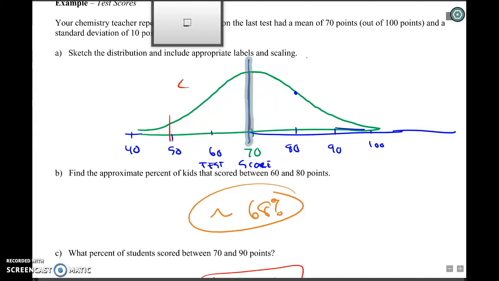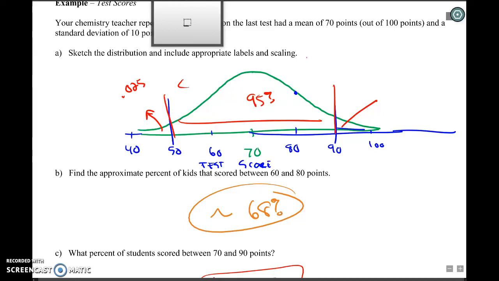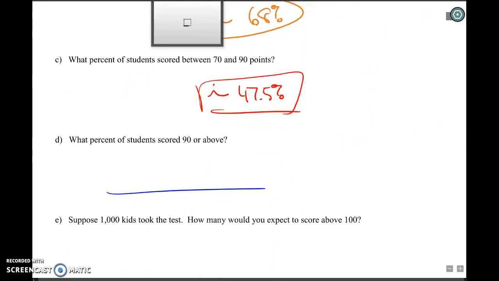As I said before, 2 standard deviations above and below gives you 95% total. That means there is 5% left over on these two tails. If you divide that 5% into 2, that means there's 2.5% on each tail. So above 90, that's about 0.025, also known as 2.5%.